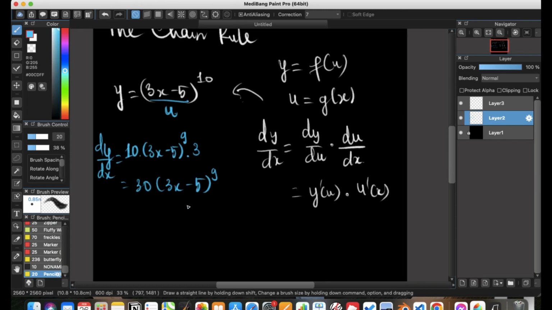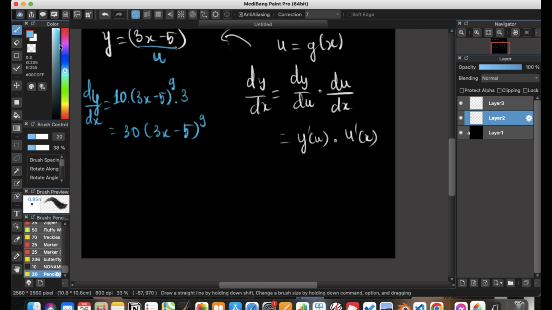So let's take another example. We have y equal to 5x multiplied by the square root of 25 minus x to the power of 2. Now let's find dy over dx.